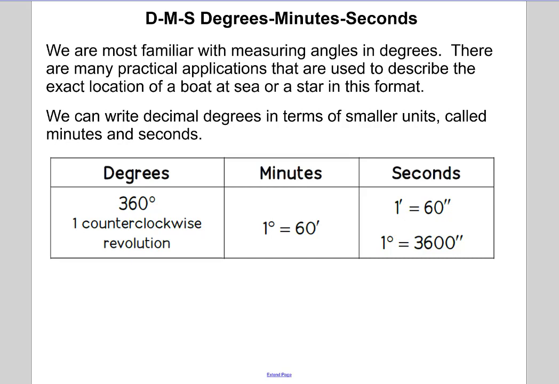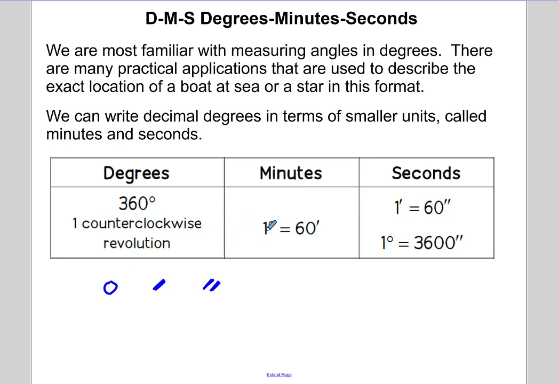We can write decimal degrees in terms of smaller units, and those are the minutes and the seconds. So the degree symbol is my mark for degrees, 1 prime mark is our mark for minutes, and a double prime is our mark for seconds. So you can tell that 360 degrees is one entire revolution.